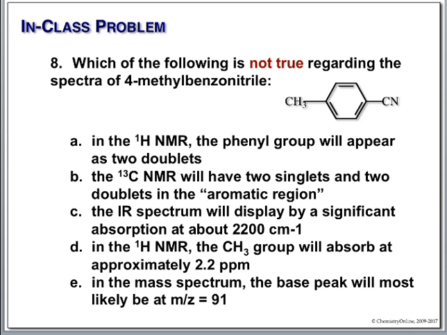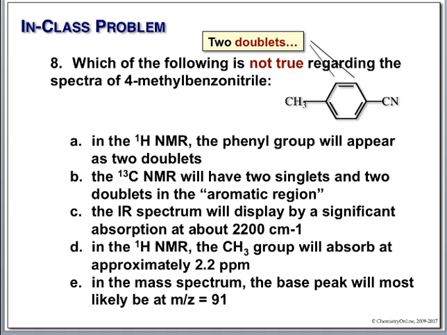So, in the proton NMR, the phenyl group will appear as 2 doublets. Now this is 1,4 disubstitution or para-substitution. Remember, in para-substitution, a real signature for it in the proton NMR is that we get 2 doublets, one for each of the hydrogens. If you think about it, this hydrogen, no hydrogen here, but it's adjacent to one over here.